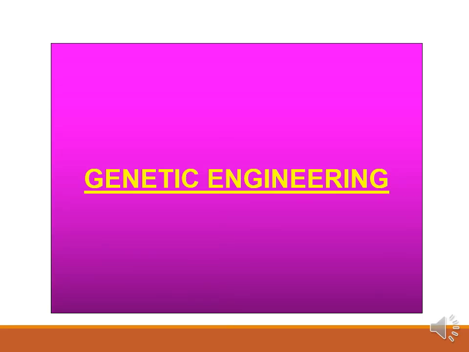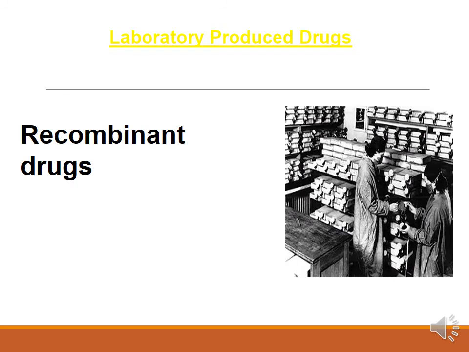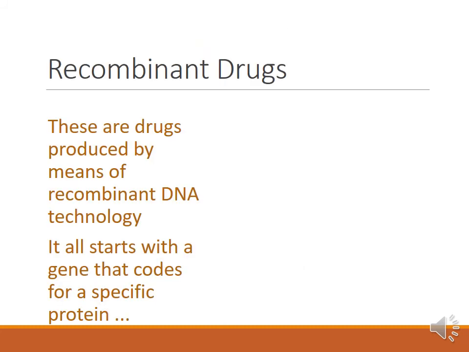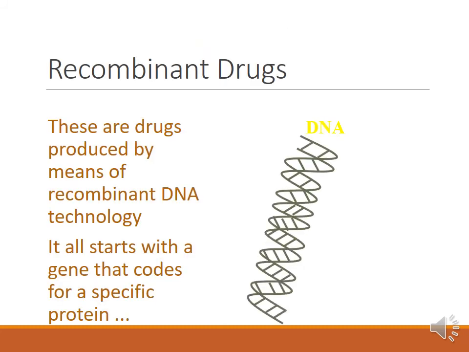Last slide you can see genes are involved, genetic engineering. So it is a recombination of our genes, genetic code, and we are able to get a drug. So let's see. Recombinant drugs. These are drugs produced by means of recombinant DNA technology.